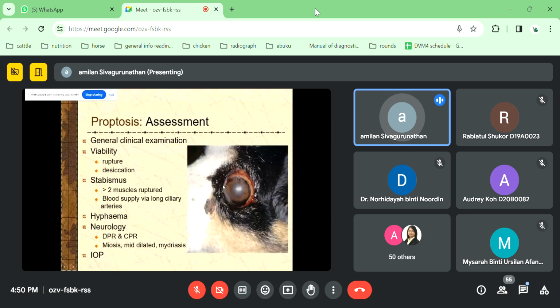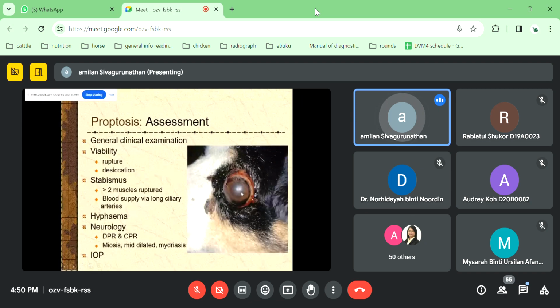Generally, most of the muscles that tear are on the medial side first because it's shorter, followed by the relative muscles. Because a lot of blood supply comes in, as I showed you earlier in the uvea slide, through the ocular muscles, when 2 or more muscles are ruptured, the eye should be enucleated because you've compromised blood supply to the globe.